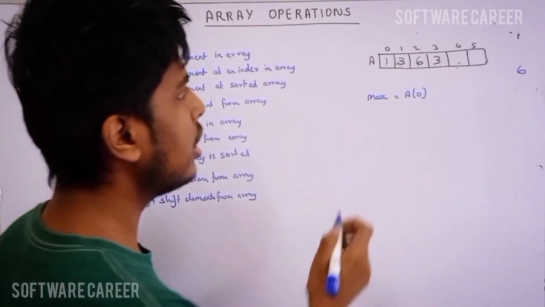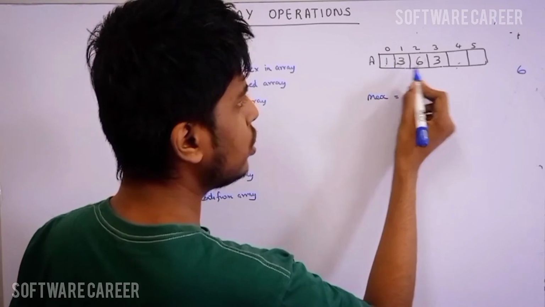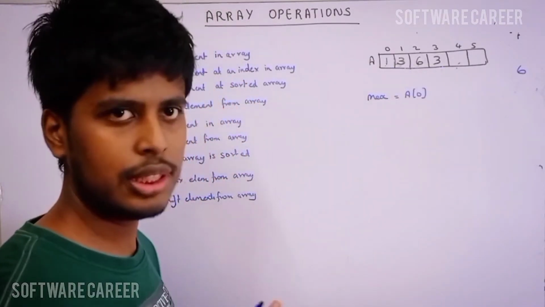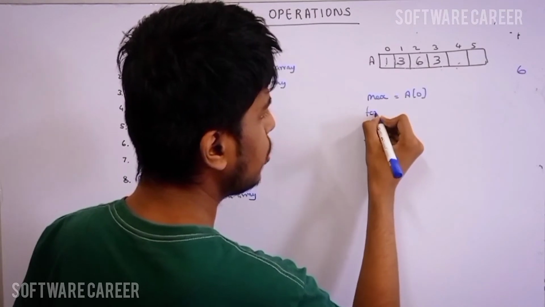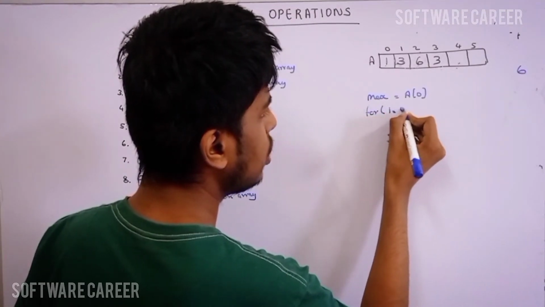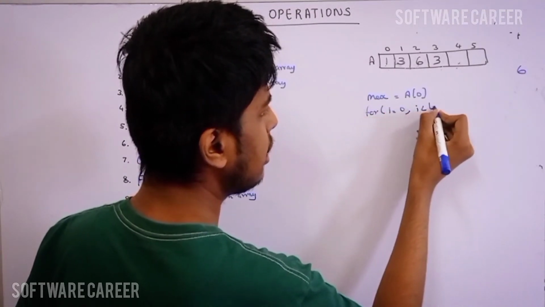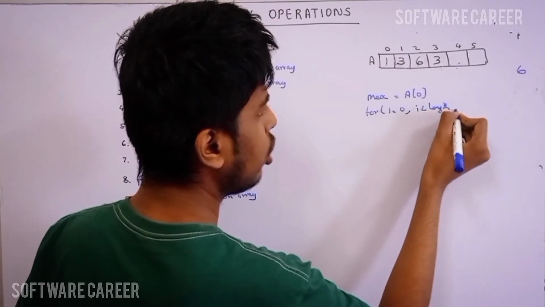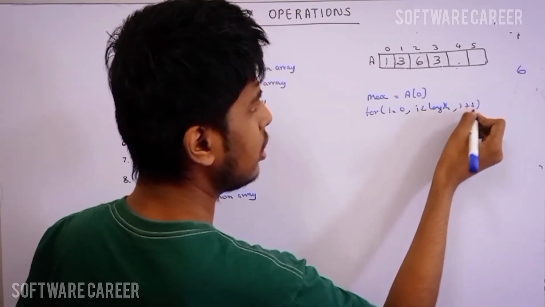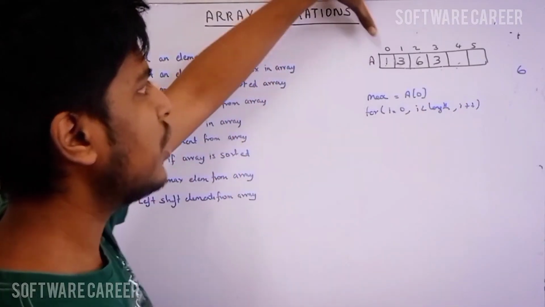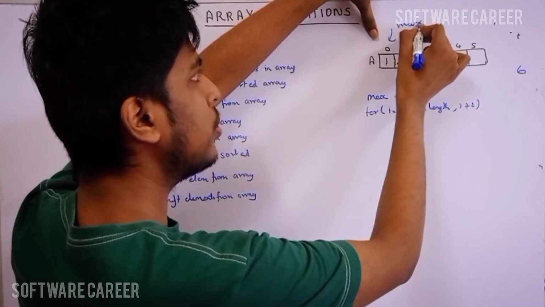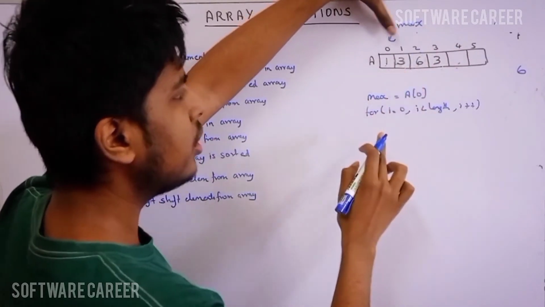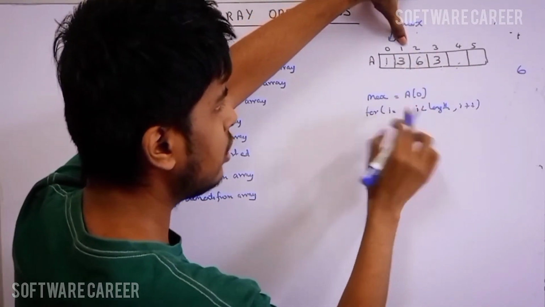Now I should check. For that I am writing a loop: for i equals 0, comma, i less than length, comma, i plus plus. I'm moving one by one. This first element is maximum. Now I will compare, starting from 1.